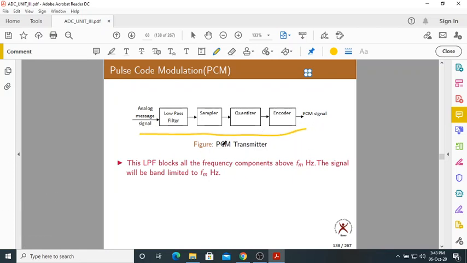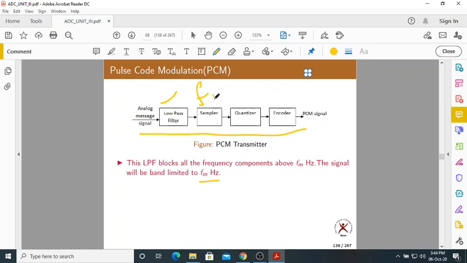First of all, what does it contain? The first block is a low pass filter. What is the purpose of this low pass filter? It eliminates any frequency components beyond fm. Why? Because we have already seen that for sampling and quantization we always need a signal that is band limited to frequency fm.